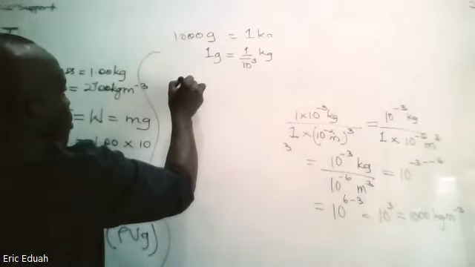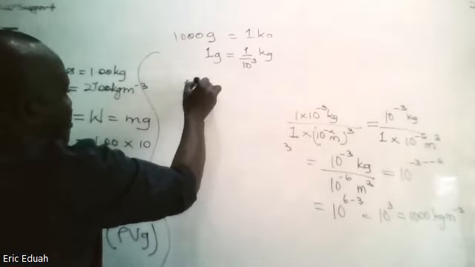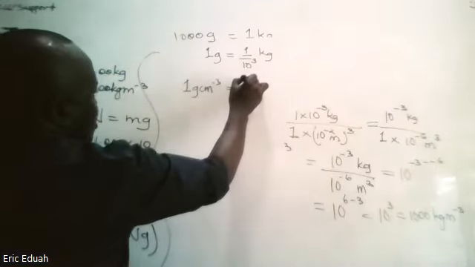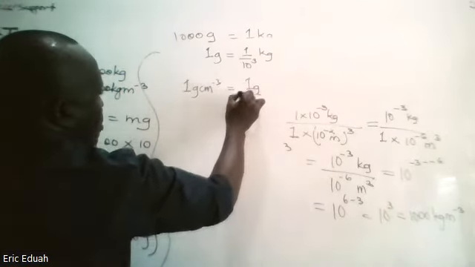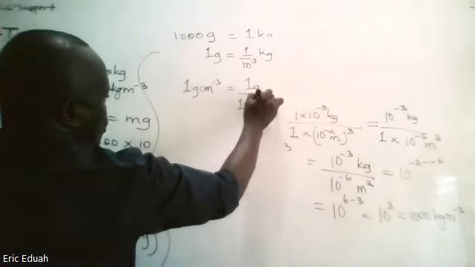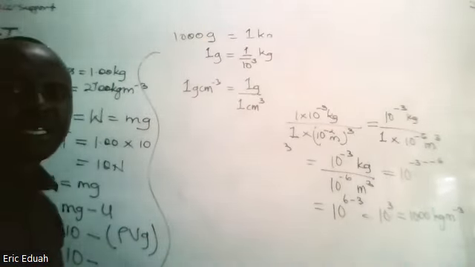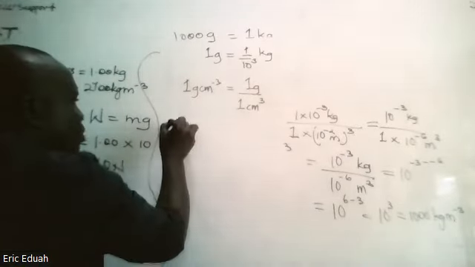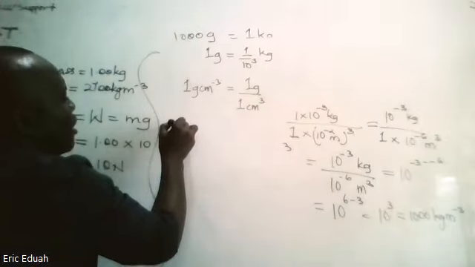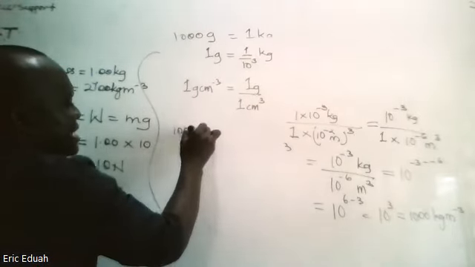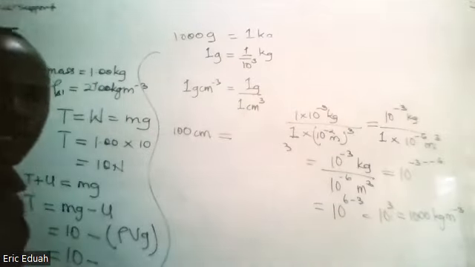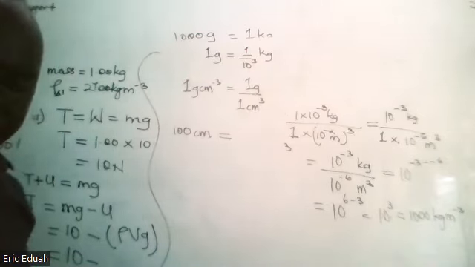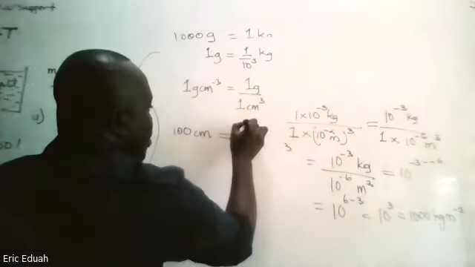But we are talking about 1 gram per cm cube, which is equal to 1 gram over cm cube. So we are converting centimeter cube to meter cube, right? Now, 100 centimeter is equal to what? What's the equivalent of 100 centimeter in meters? 1 meter.